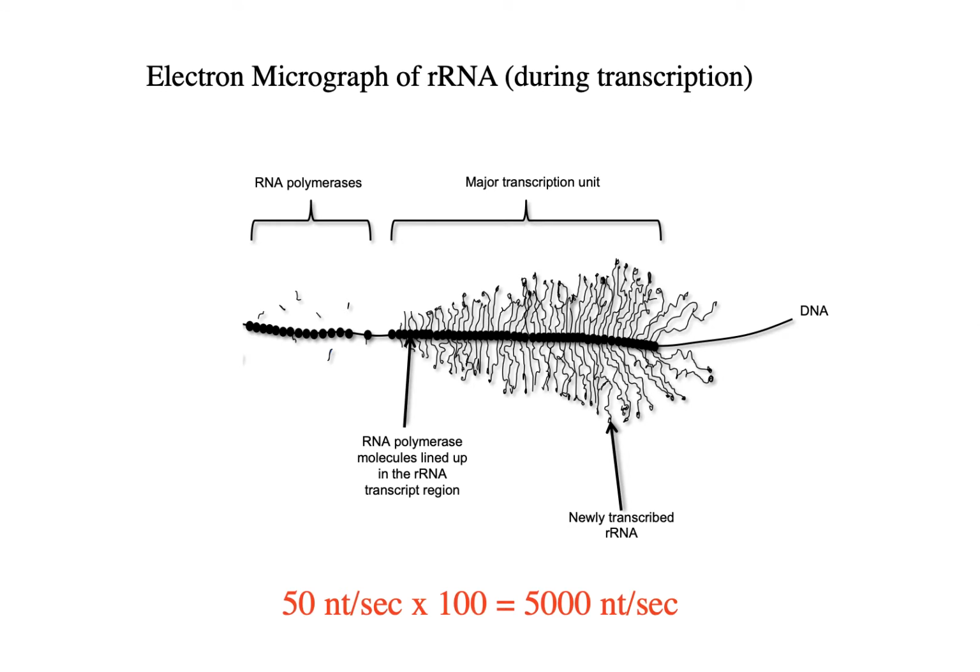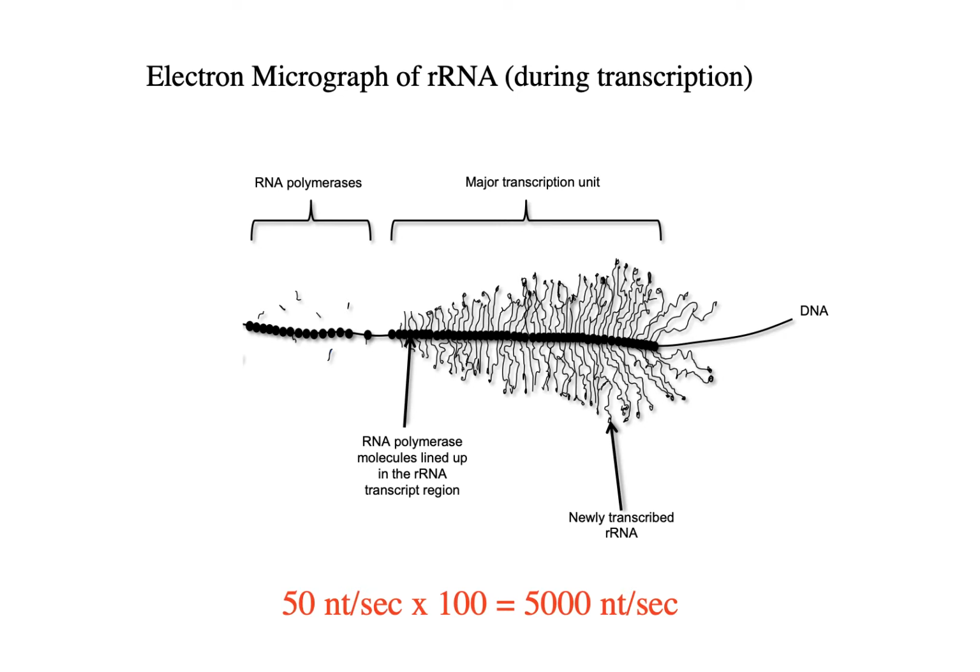This still isn't quite fast enough to meet the life cycles or replication cycles of those cells, so they actually have to have multiple copies of these as well, most cells anyway. For example, most E. coli have 7 copies.